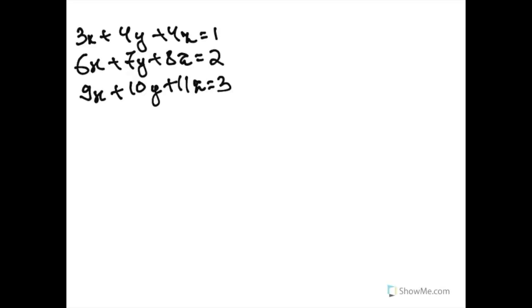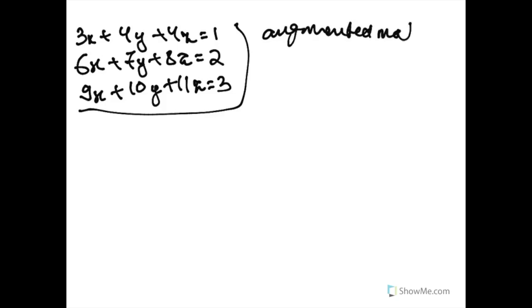So let's consider this linear system here. The first step towards row reducing is to write this in augmented matrix form. In order to do that, you first have this box, and then you write each of the elements into its corresponding cell.